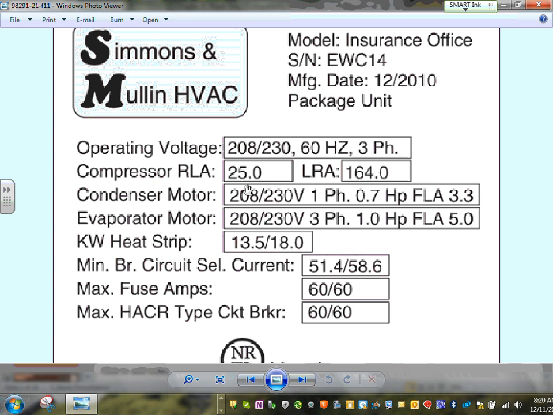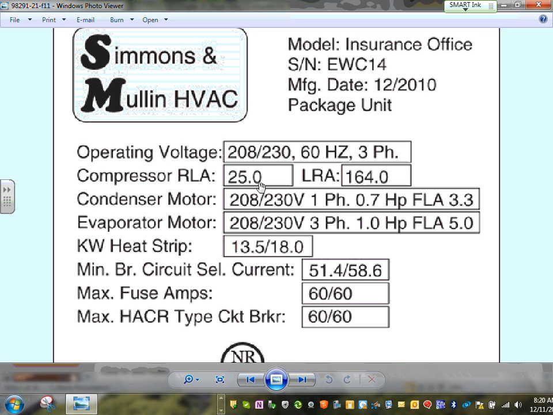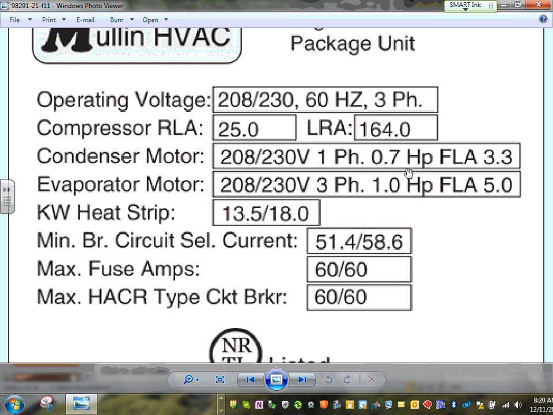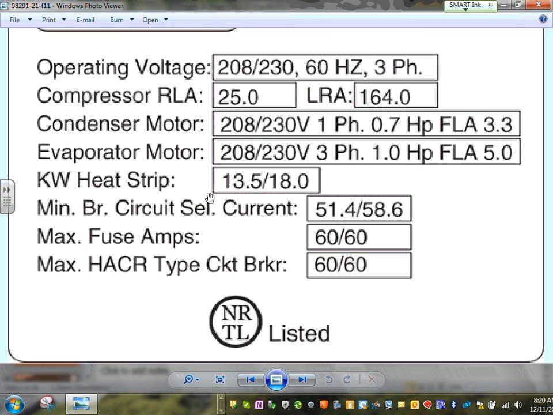On the nameplate of this equipment, Karen, you're going to have the voltage. You can see, guys, the voltage, phase and frequency, rated load amps and locked rotor current. Can you guys see that? 25 and 165. You have the condenser motor horsepower and full load amps. Evaporator motor, the same thing. We have the condenser motor, evaporator motor, compressor motor, all of them.